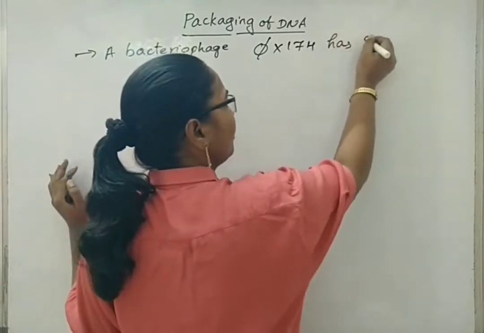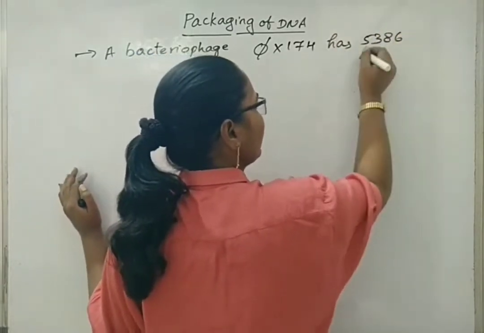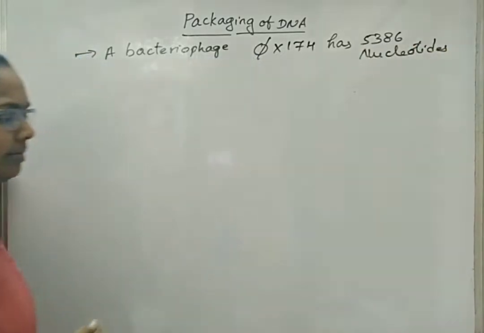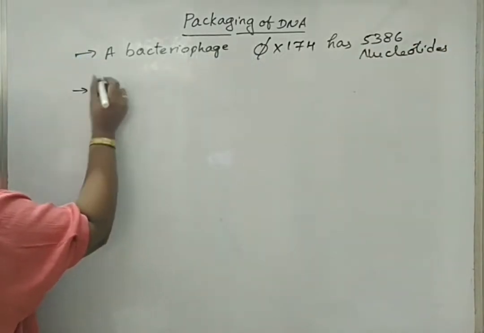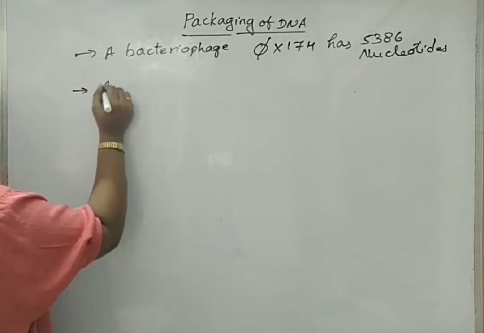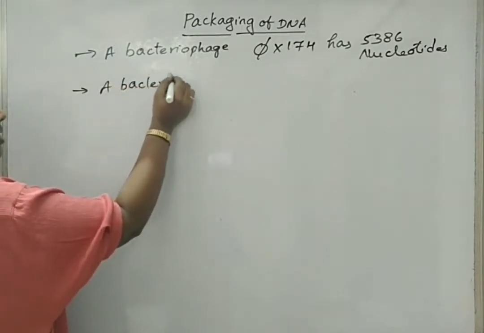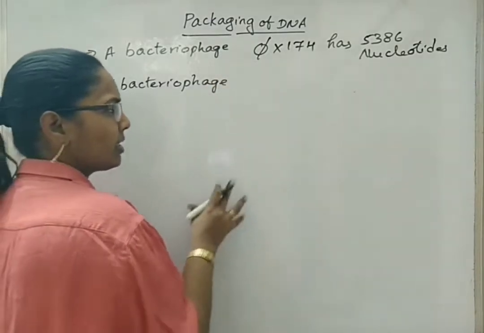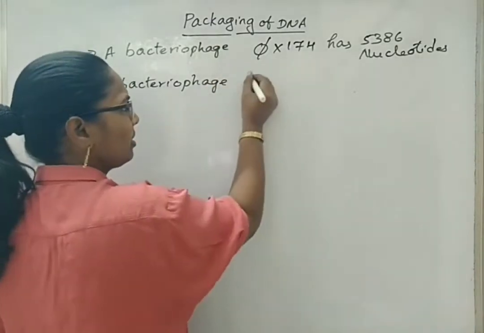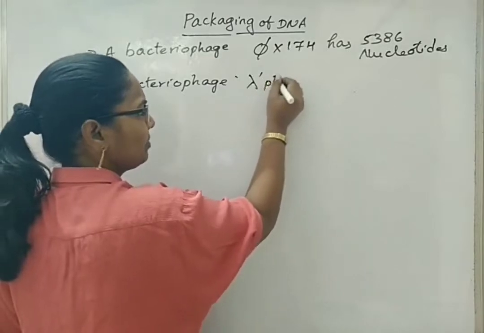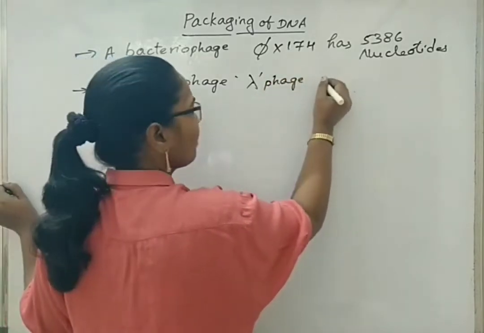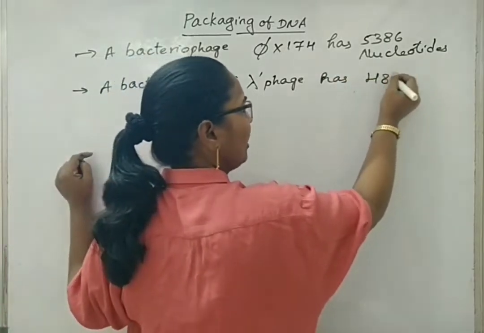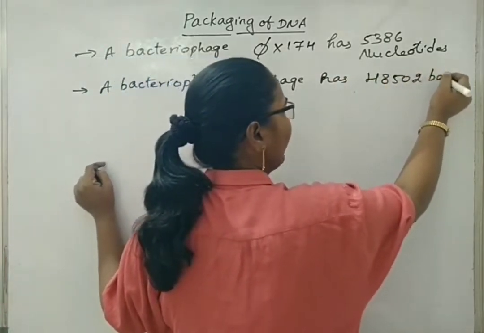It has 5,386 nucleotides. Another bacteriophage, lambda phage, has 48,502 base pairs. These are all examples or details given in your NCERT textbook.